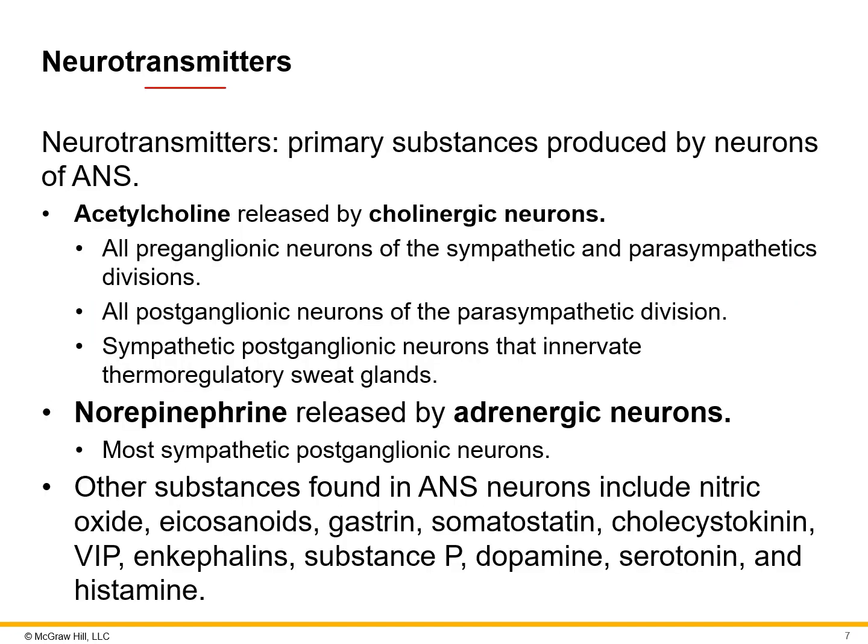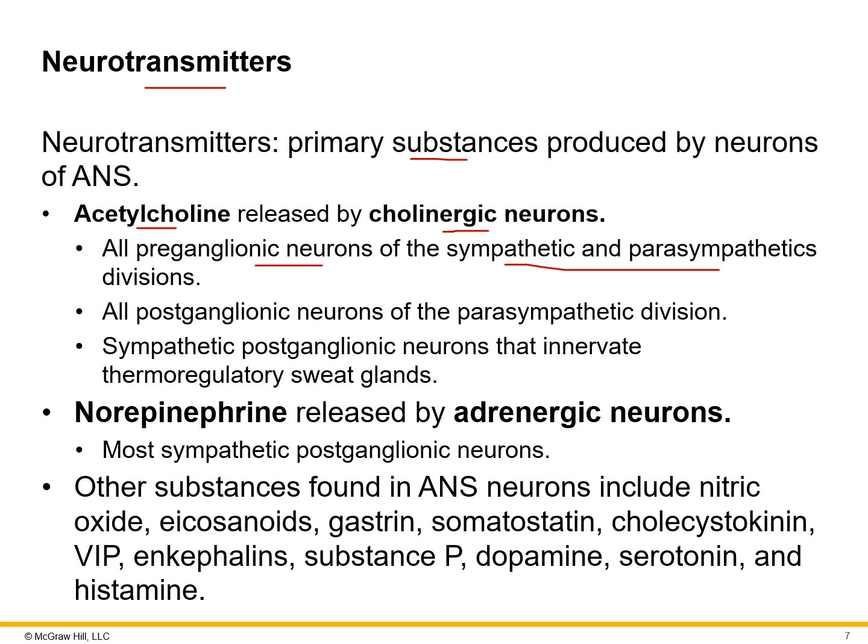To our neurotransmitters, which are actually causing all these different effects. These are the primary substances made by the neurons of the autonomic nervous system. We already mentioned with our summary table, again, acetylcholine is released by what are called cholinergic neurons. These are all the preganglionic neurons of the sympathetic and parasympathetic division. Doesn't matter which one, all preganglionic neurons release acetylcholine by these cholinergic neurons.